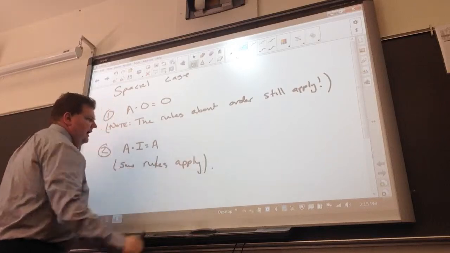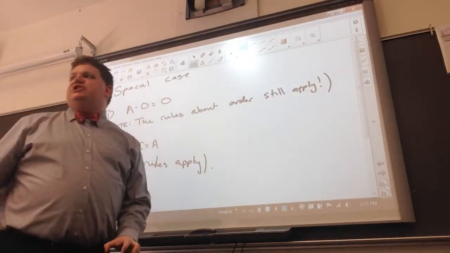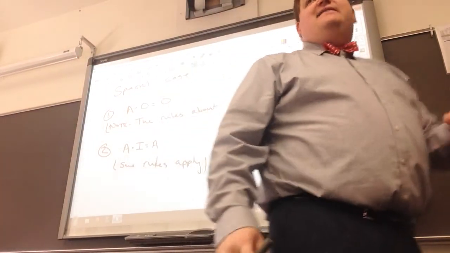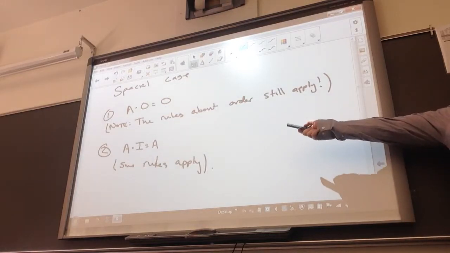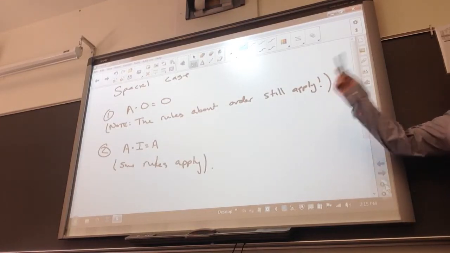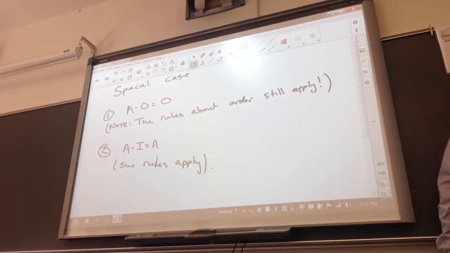I can't just multiply any identity matrix by A. I can only multiply the identity matrix that works with matrix A. So if A was 5 by 2, I'd have to choose the 2 by 2 identity matrix. If A was 4 by 7, I'd have to choose the 7 by 7 identity matrix.